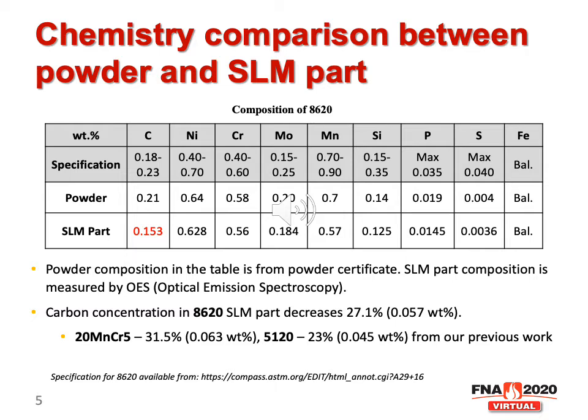And this is not new from our current project. From our previous work, we found a carbon concentration decrease for 20MnCr5 and AISI 5122. So basically, decarburization occurred during the SLM process.